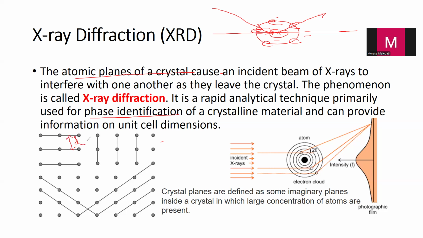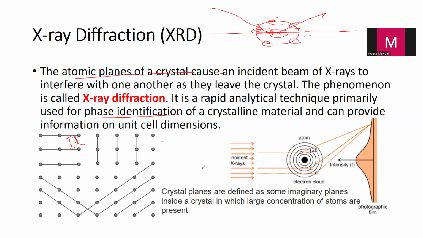When we look into Bragg's law, we'll be looking at this distance d between the atomic planes. So please keep this in mind: the distance d between the atomic planes. The diffraction happens right here on the atomic planes.